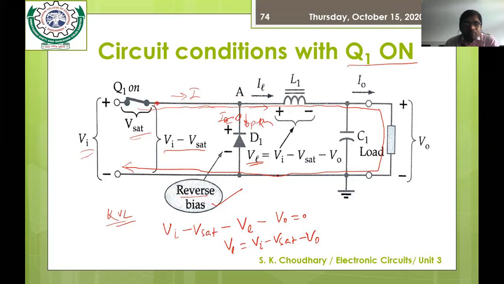So in this way, you can see the voltage drop across the inductor is a positive quantity, and it is less than the input voltage, because apart from VI, the rest of the terms are deducted from the input voltage.